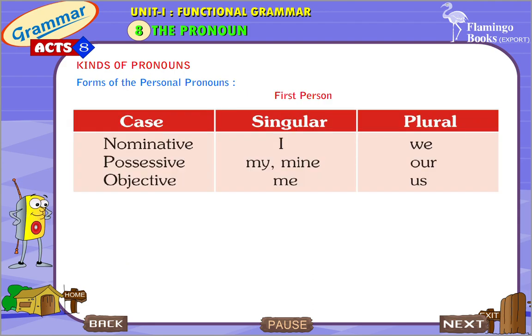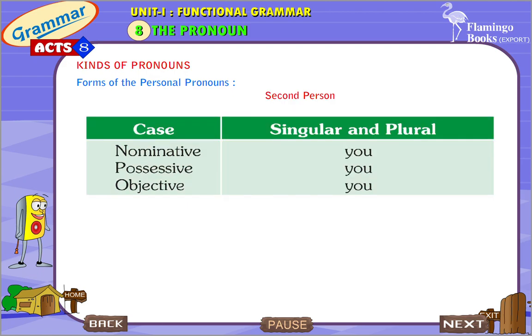Forms of the personal pronouns. First person, nominative: singular I, plural we. Possessive: my, mine, our. Objective: me, us. Second person, singular and plural: nominative you, possessive you, objective you.